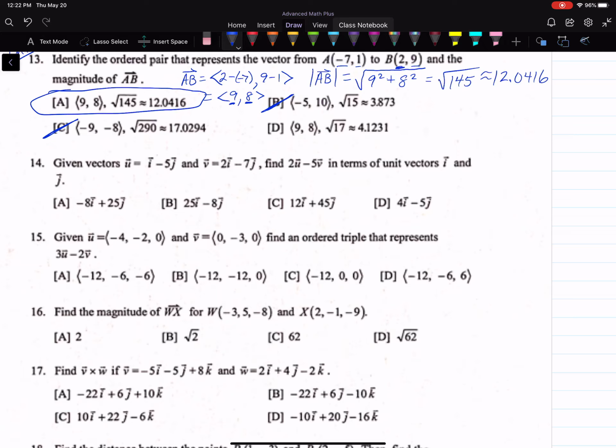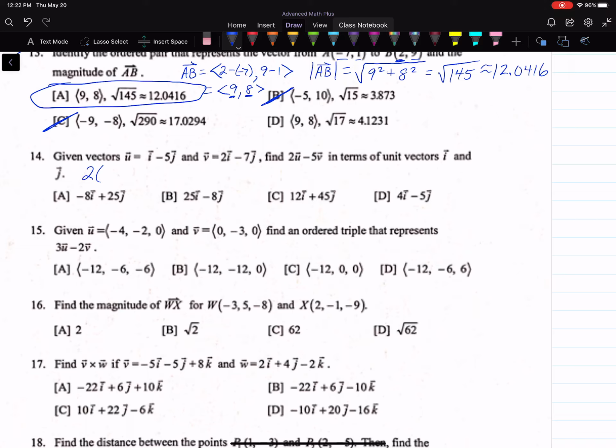Number 14 is still vectors. It's a little different. They say 2 times vector u minus 5 times vector v, and they want it in unit vectors. So basically you're just plugging in here. We're going to say 2 times vector u, which is i minus 5j, minus 5 times vector v. Well, vector v is 2i minus 7j.